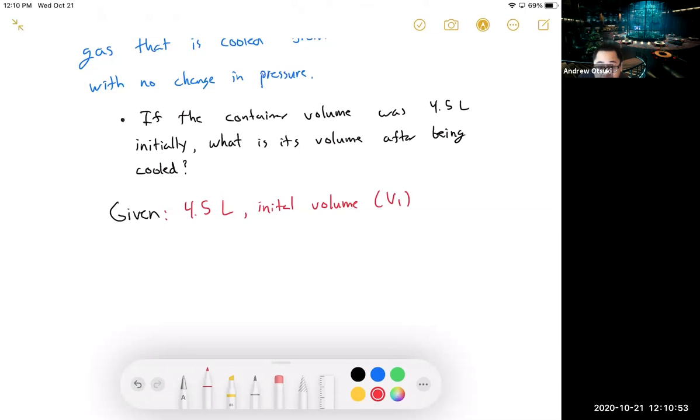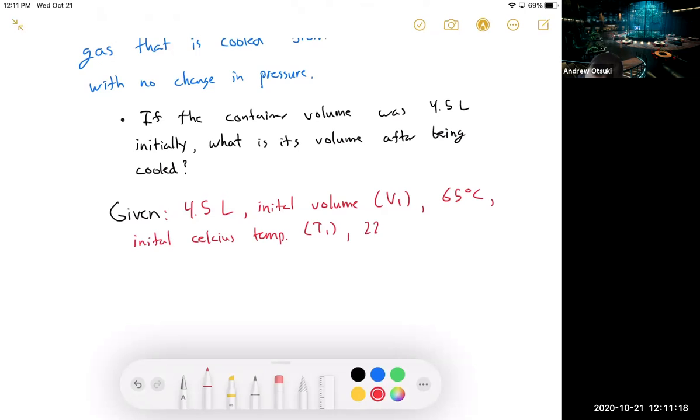And we also have 65 degrees, and that is our initial Celsius temperature. So that is our T1.